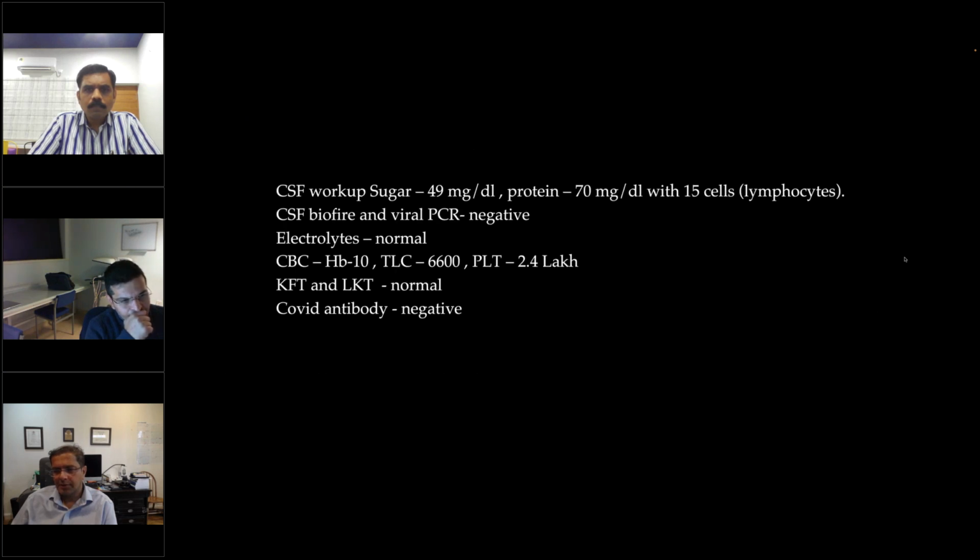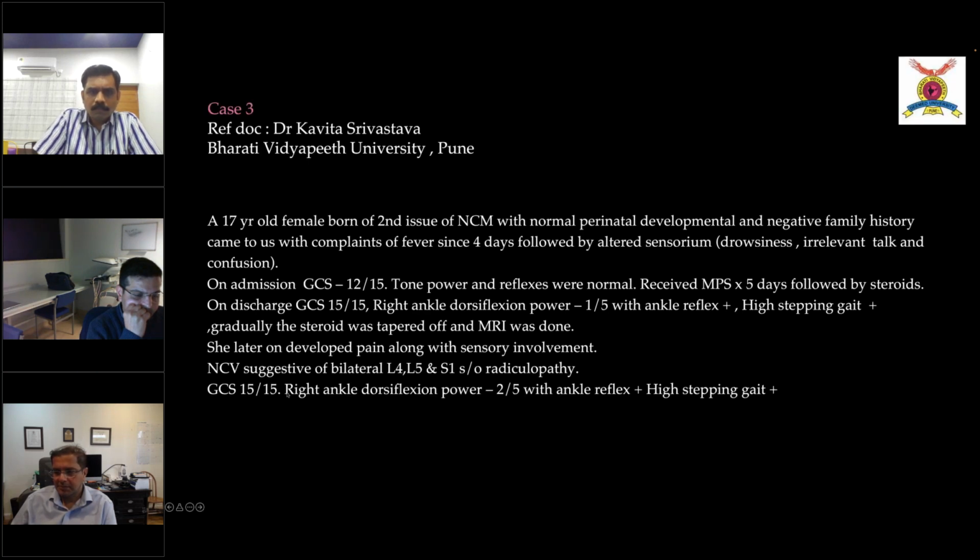Sir, one CSF thing we wanted from the... I'll go ahead. Yeah. So one thing we wanted to know: the child later presented to us after the MRI, we suspected limbic encephalitis, and later on the child had right lower limb dorsiflexion issue, foot drop, and the power had a neurodeficit of 1/5 on discharge.